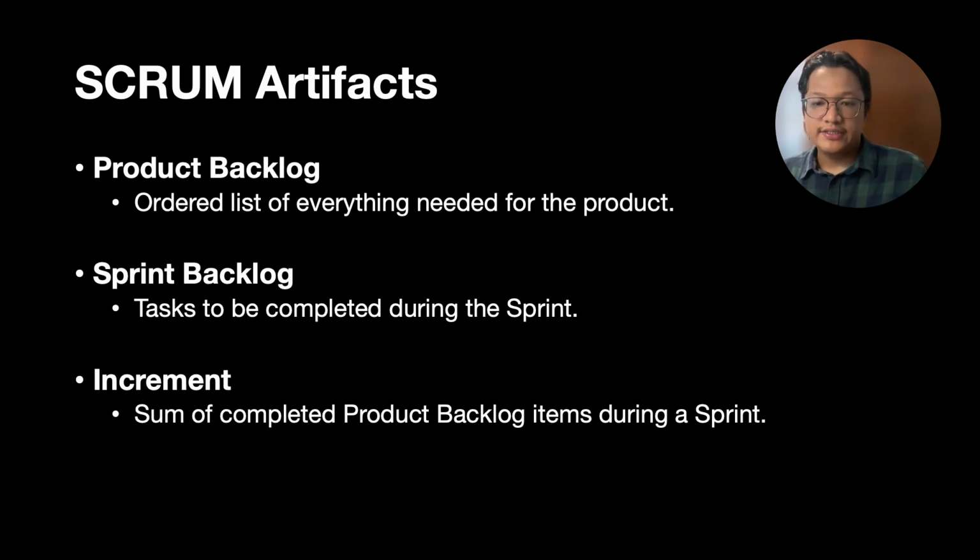And the increment is the sum of all product backlog items completed during a sprint and all previous sprints, which make a new product. So it's like a definition of done that will be required to incrementally develop the product or the application.